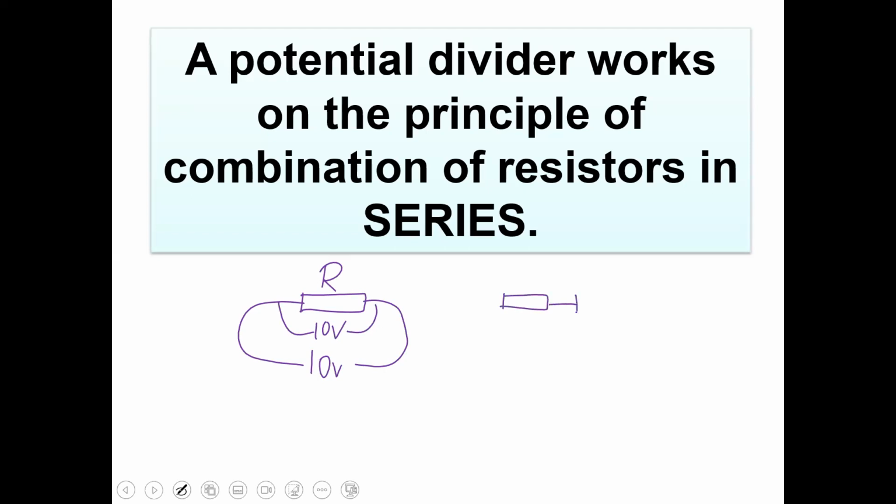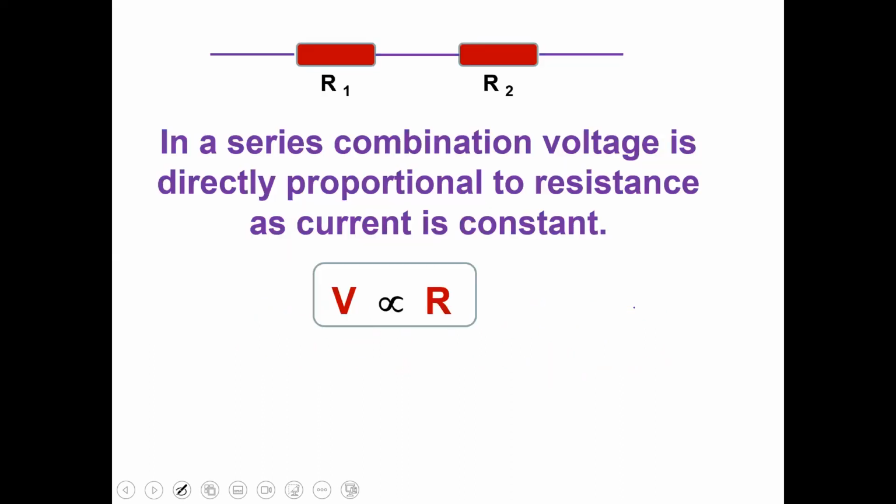Now, if I put two similar resistors in series, they will get 5 volt each. The series circuit is now dividing the voltage.